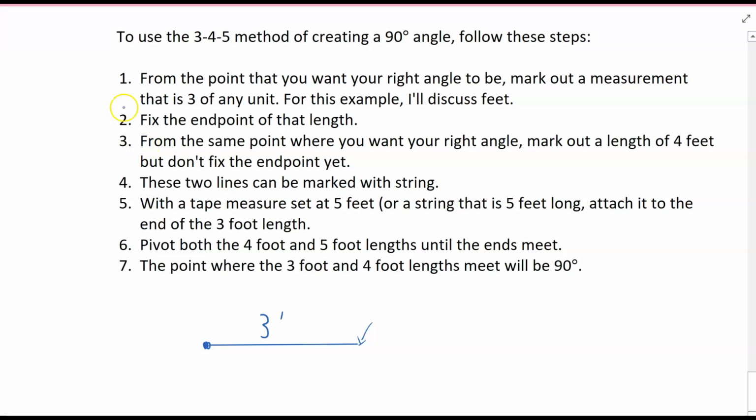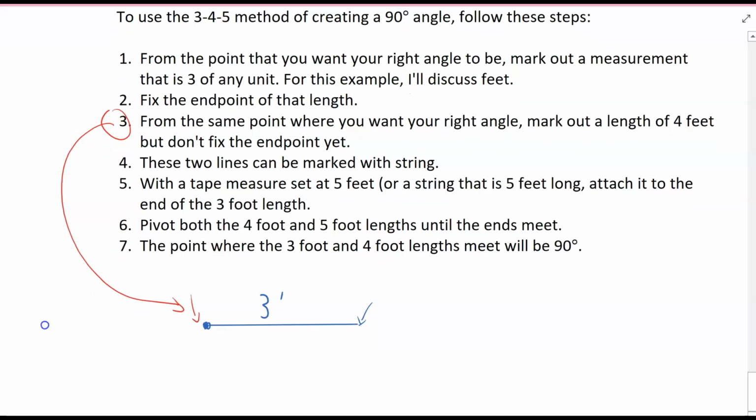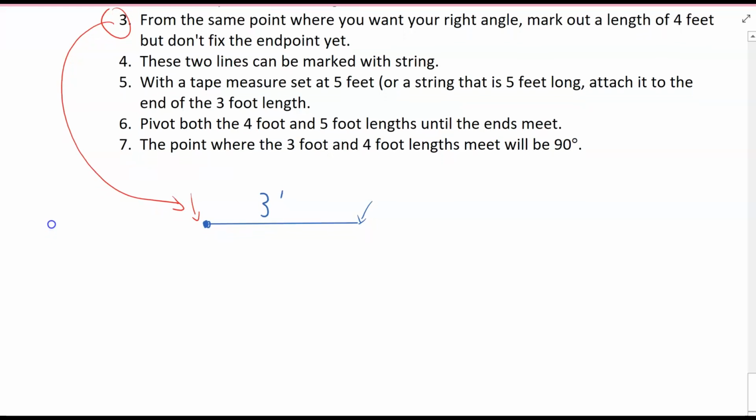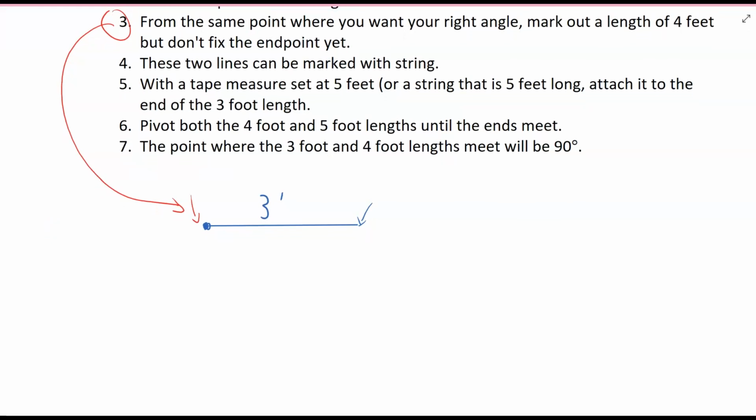From the same point where you want your right angle to be, which is here, mark out a length of 4 feet, but don't fix the end point yet, okay? So we'll do this with my red string. We'll fix the point at the 90, but we're not going to fix the other end.